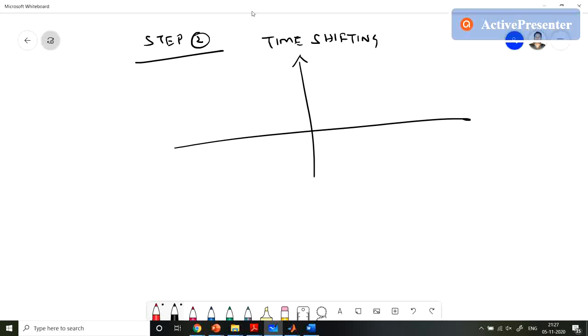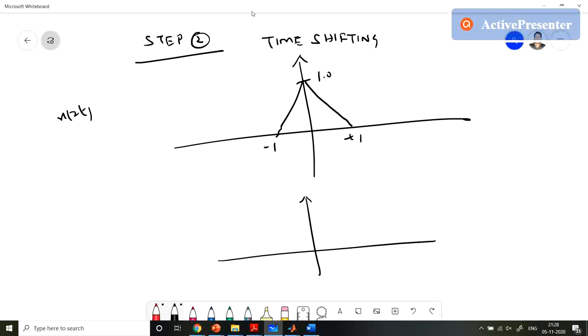We have the signal x(2t), and the signal is like this, from -1 to +1. What we are going to do next is the time shifting by one unit in the left hand side.